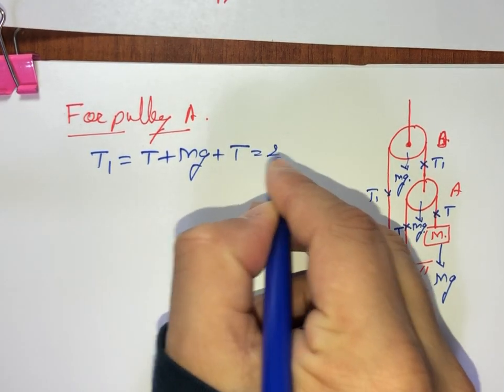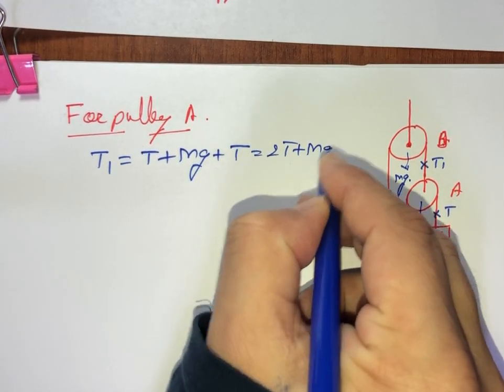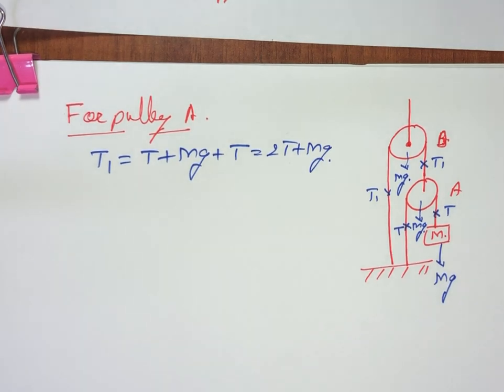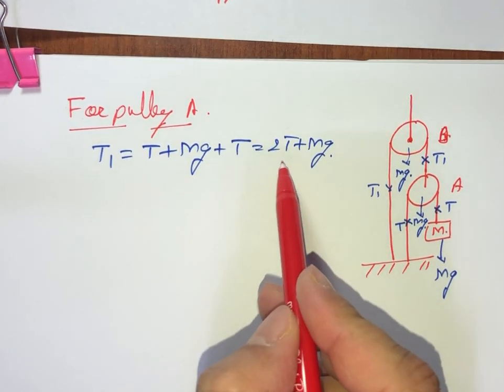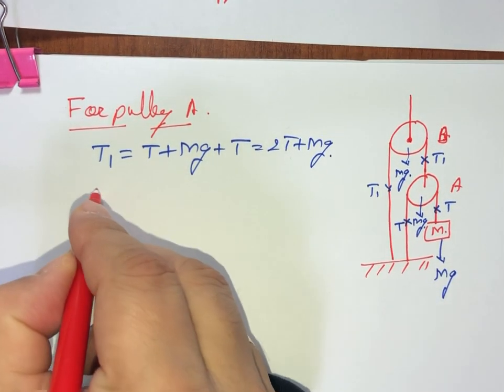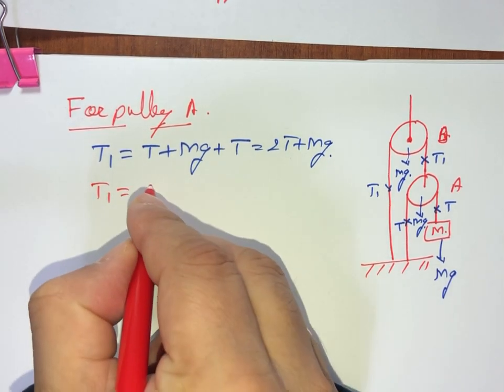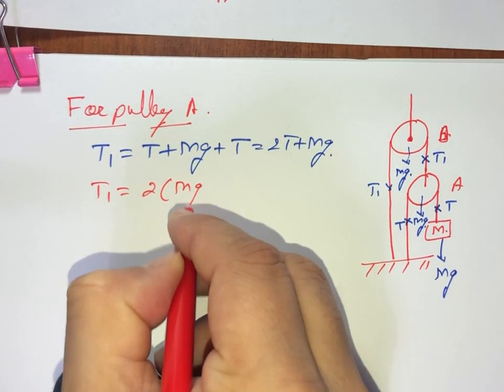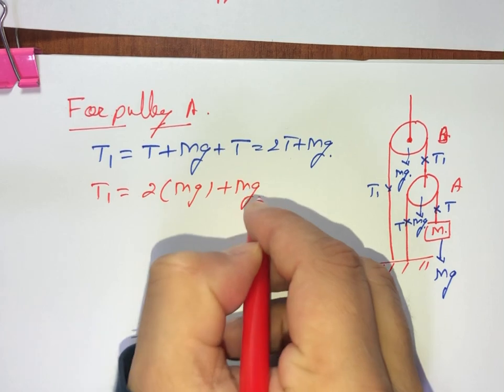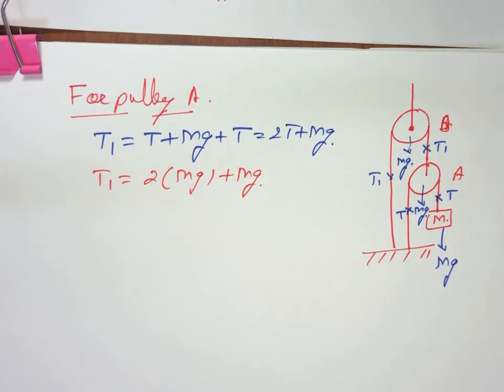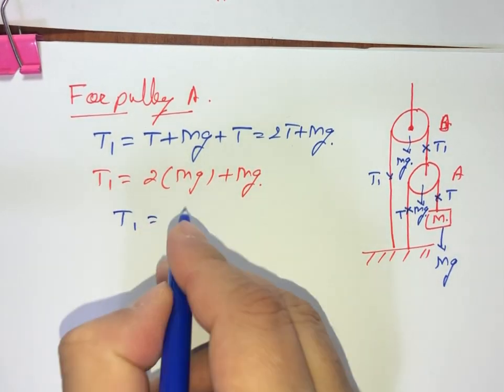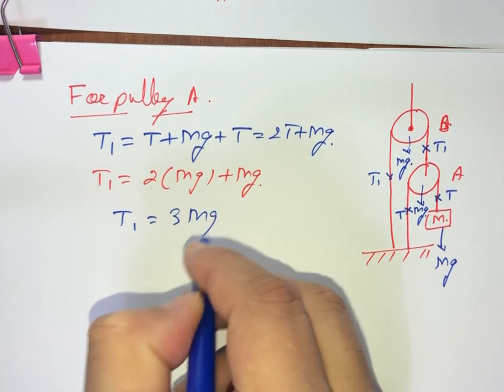So this will be equal to 2T plus Mg. The value of T we already know is mg, so we can say T1 will be equal to 2 multiplied by mg plus Mg. So this gives us the tension T1 will be equal to 3mg.